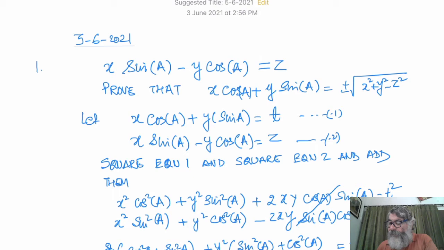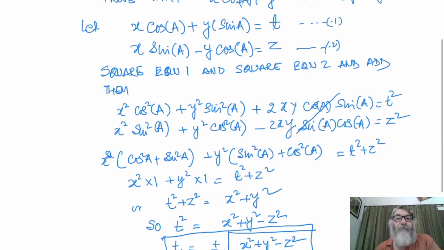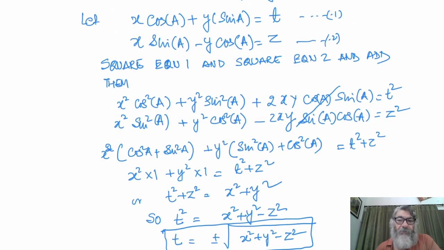We assumed it to be t, we squared both the equations and added them, and we realized that we got x square plus y square, and those terms cancel, is equal to t square plus z square, and then we found the value of t square.